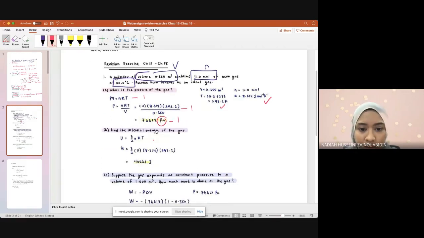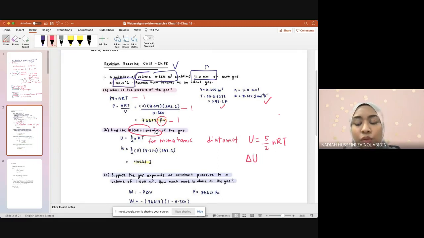Okay. Find the internal energy of the gas, U. Internal energy is always about U. U is related to 3/2 nRT for monatomic. If diatomic, it should be U equals 5/2 nRT. Okay, you guys know what I'm talking about. Now, if you are trying to find the change in internal energy, it should be delta U. Your delta should be balanced on the other side as well.